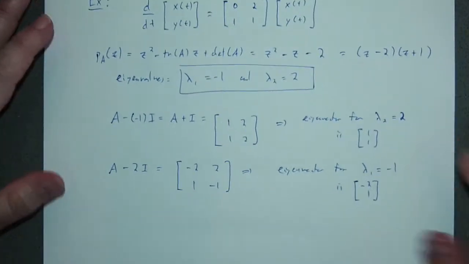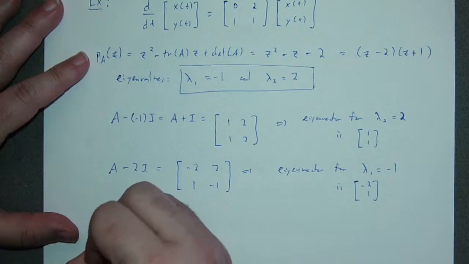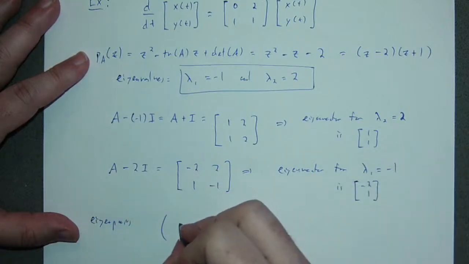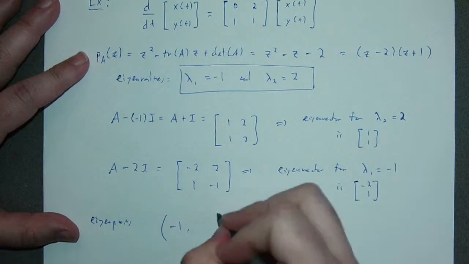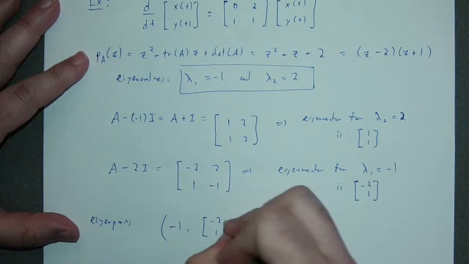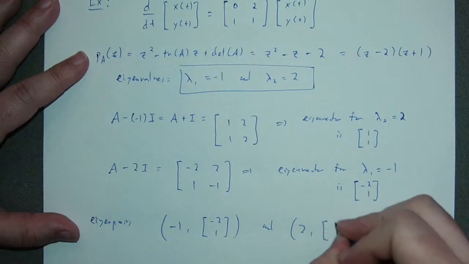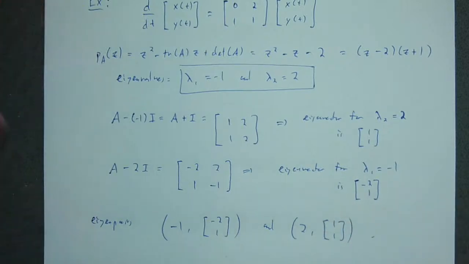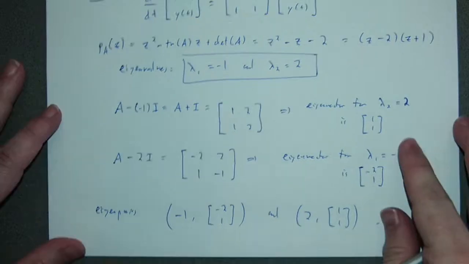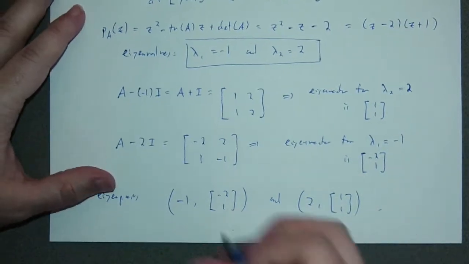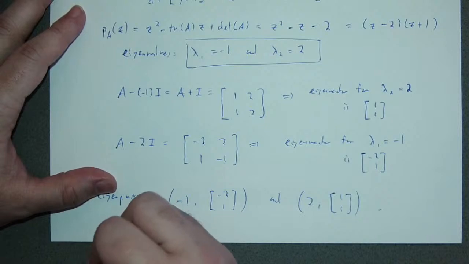So I have eigenpairs minus 1, (minus 2, 1), and 2, (1, 1). Okay, and this is by Cayley-Hamilton. So then what are my corresponding eigensolutions?